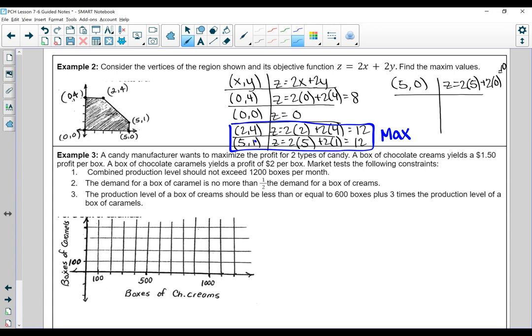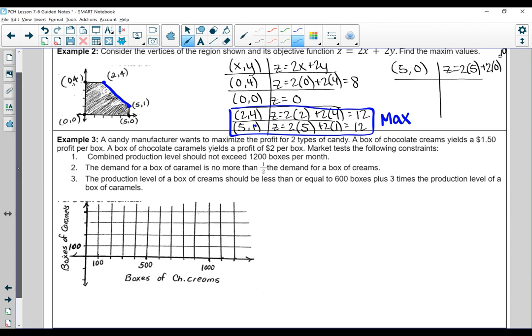At (2, 4) and (5, 1), meaning that all of the maximum will occur on the line connecting them. So there's not just those 2 points that are the maximum. Any combination of these ordered pairs along this line will be the max values.